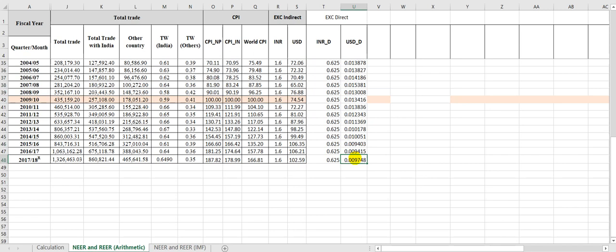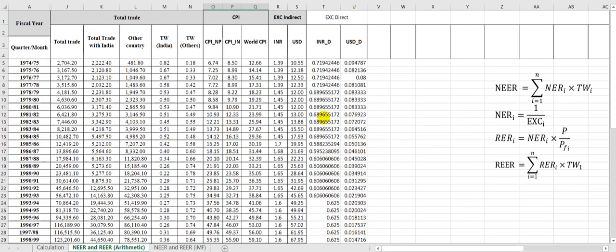This is the direct quotation. So now let me introduce our base year. The highlighted one is the base year. It's 2009-10, and in the base year all these indices are 100. So now for NER, let's simply use the formula of NER.